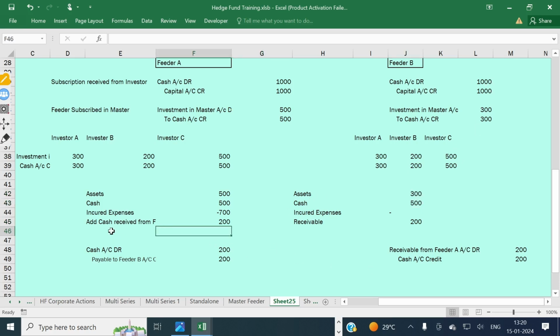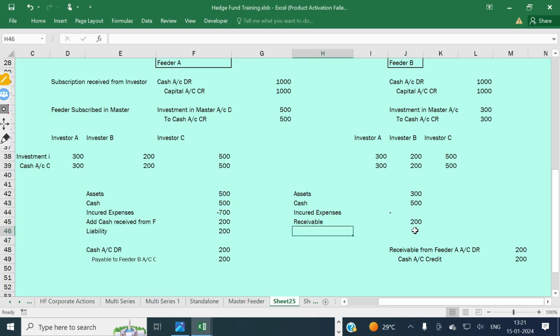Then what about liability? So here you can create a liability as well. Liability of 200. So total cash we have is 1000, but out of this we will not have any cash once you make a payment. If you see, it looks like this, and the total liability also. So the NAV of feeder A could be different now, and the NAV of this one could be different.